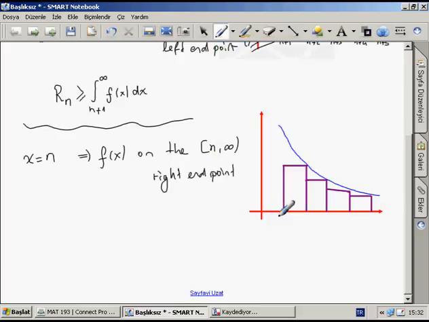And this value is n plus 1, n plus 2, n plus 3, n plus 4, and it goes on.